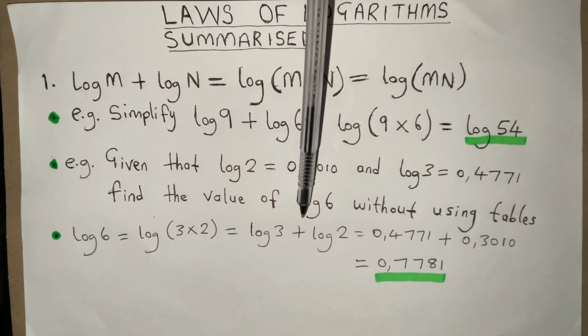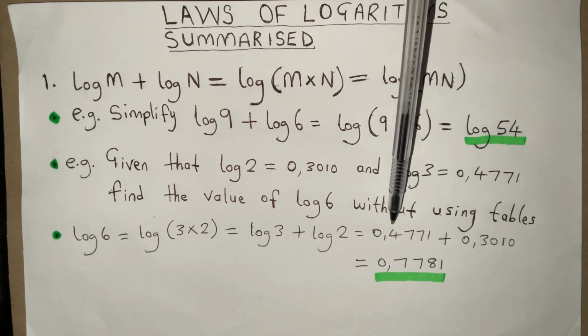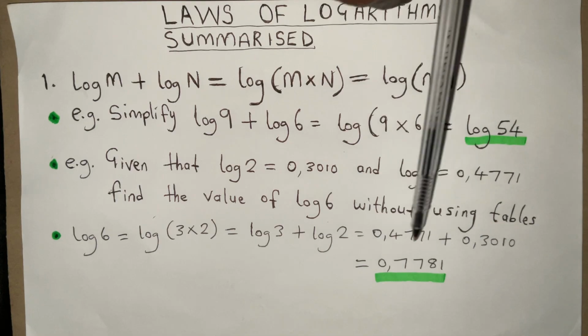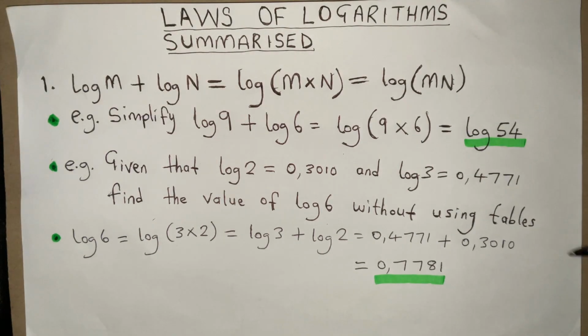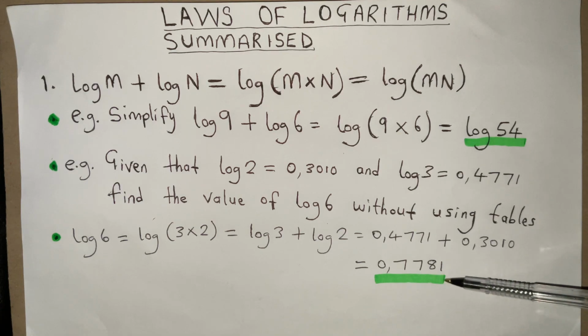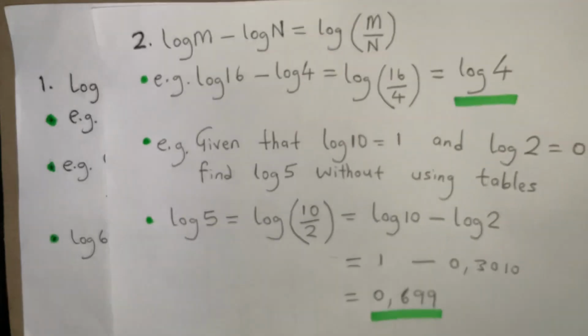So log 3 plus log 2 becomes 0,4771 plus 0,3010, which gives us the final answer 0,7781.